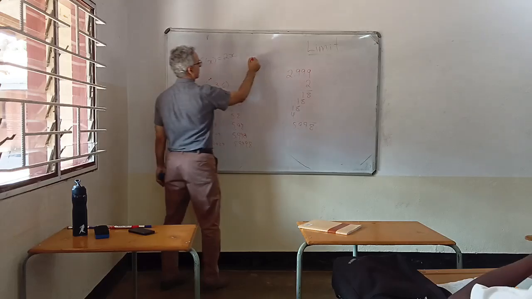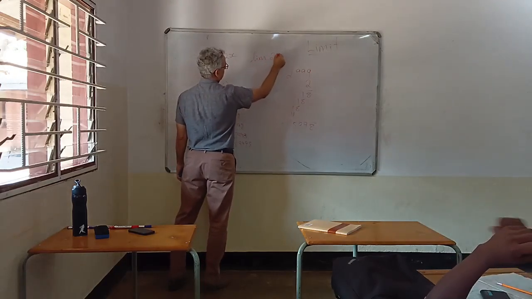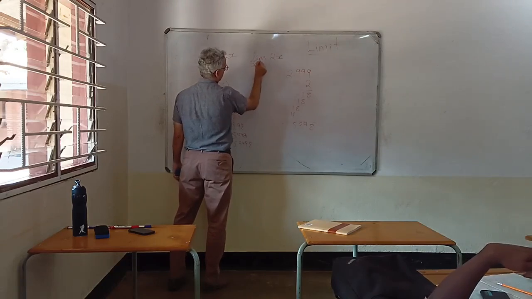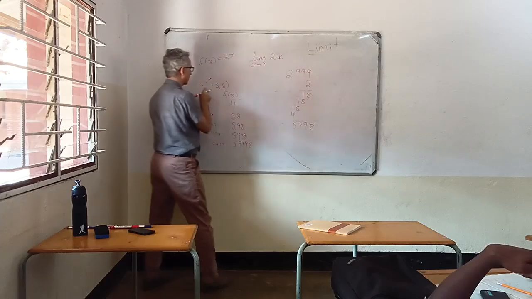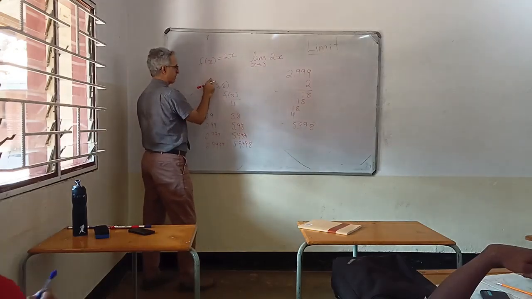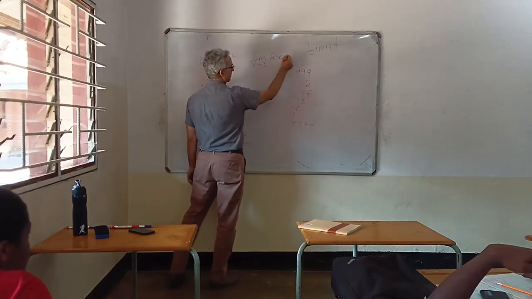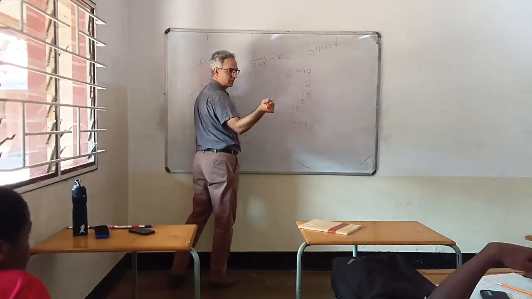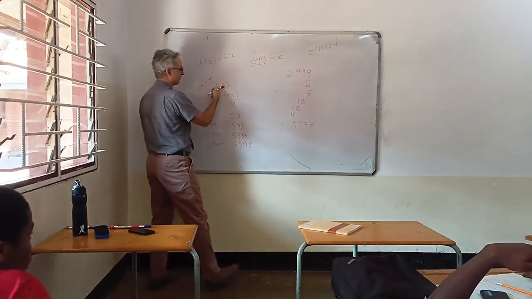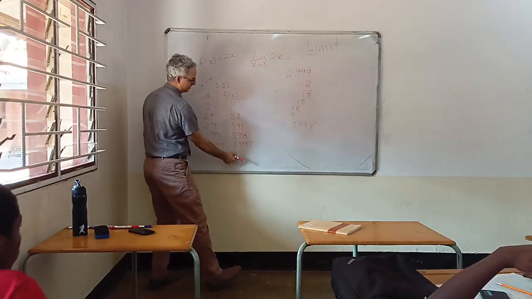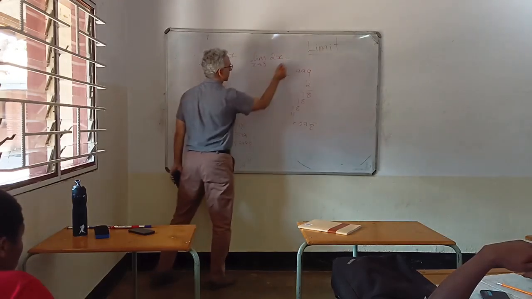So now we could say the limit of 2x as x approaches 3, yeah, we're getting closer to the point 3. The limit of this function as x approaches 3 is, it's getting closer and closer to 6.